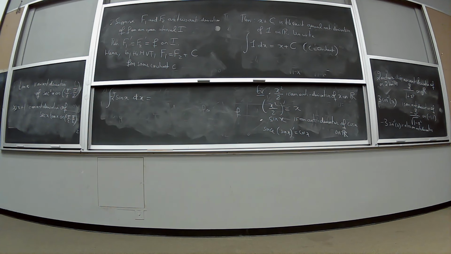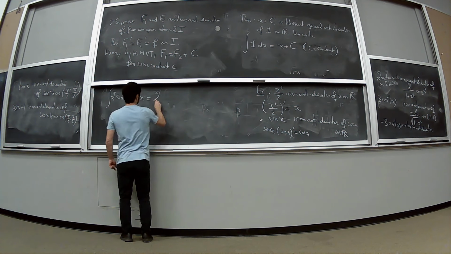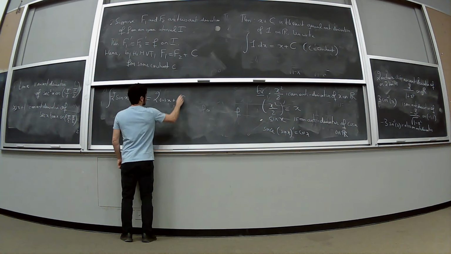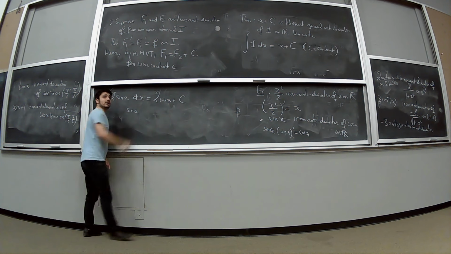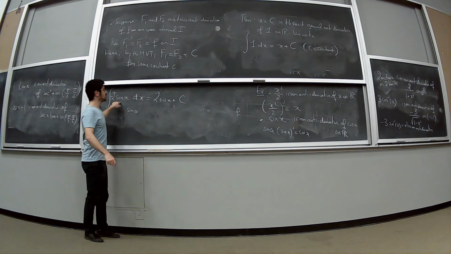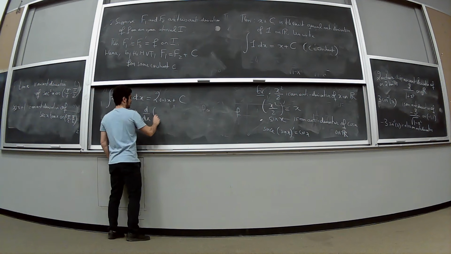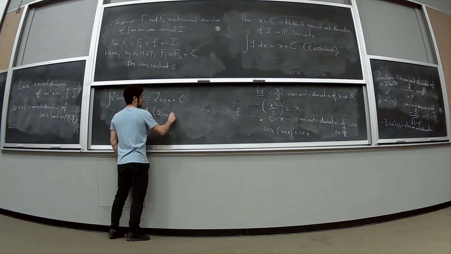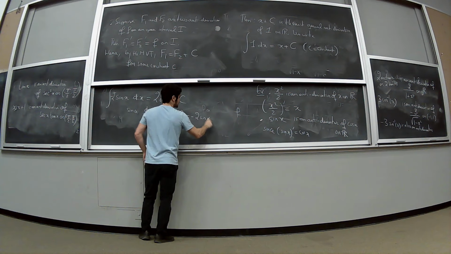So this is just 2 cos x plus c. Since always, if you differentiate this, what should you get? Everybody, what should you get? You should get this thing. Okay? Since d by dx of 2 cos x plus c is minus 2 sine x.